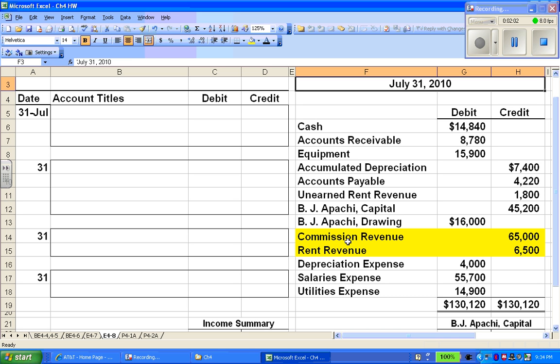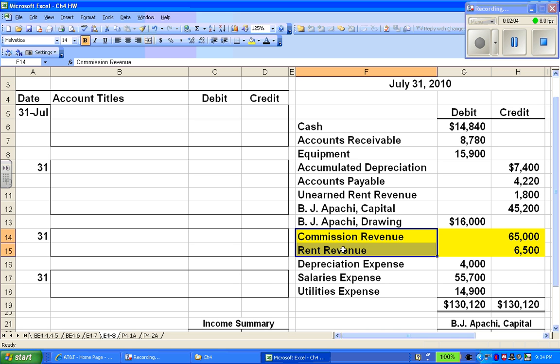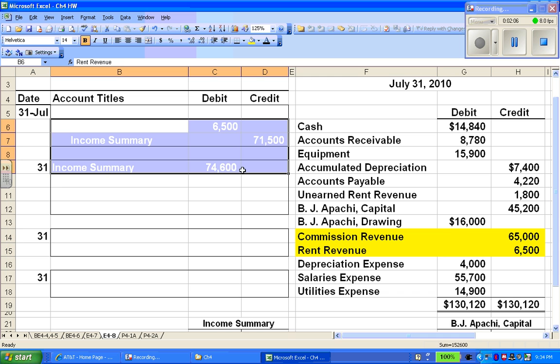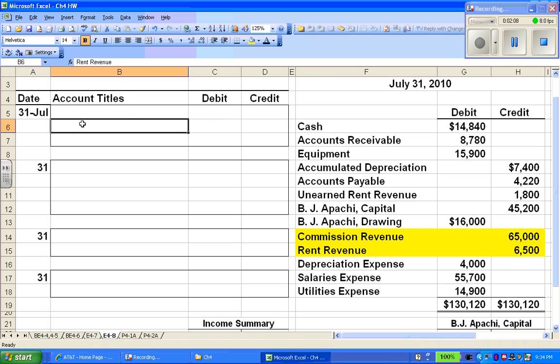So let's see, we have commission revenue and rent revenue. I'm going to debit those accounts because they normally have credit balances, and these 2 accounts do have credit balances. So I'll debit them for their respective amounts, just like in the trial balance.